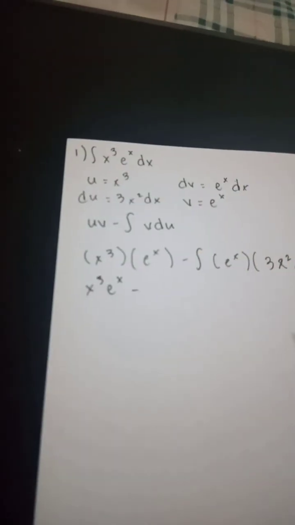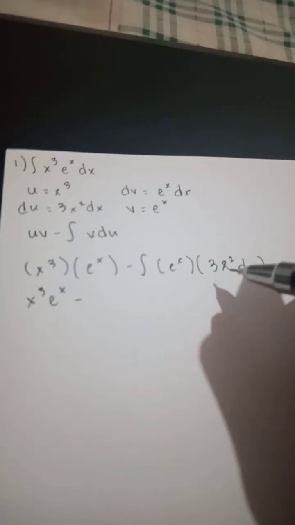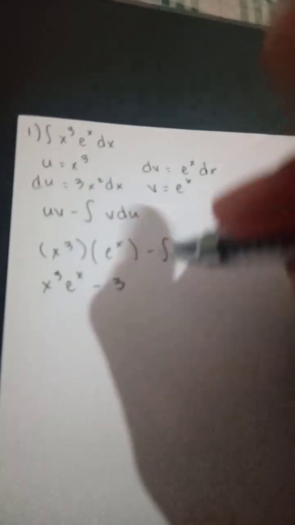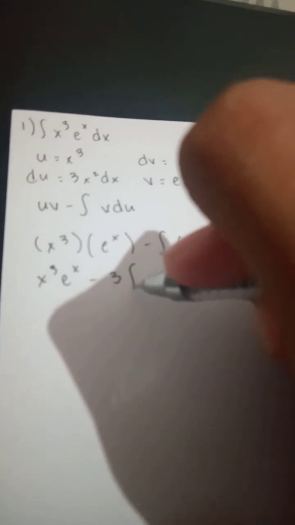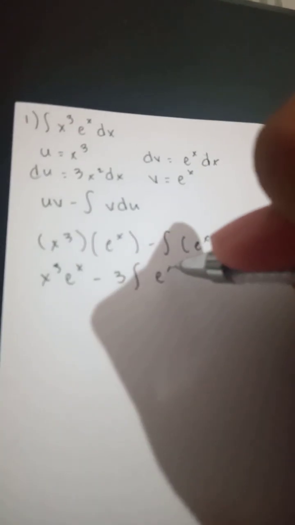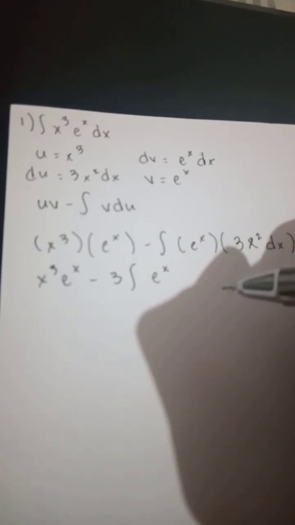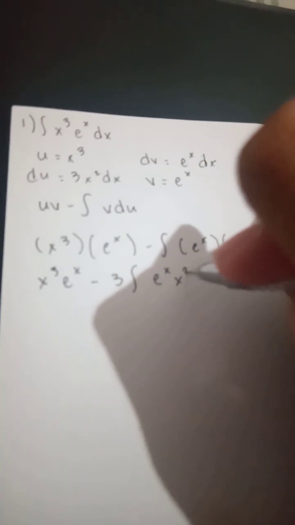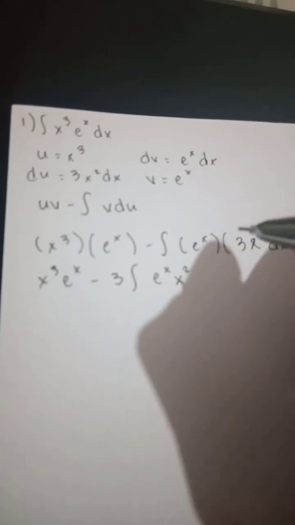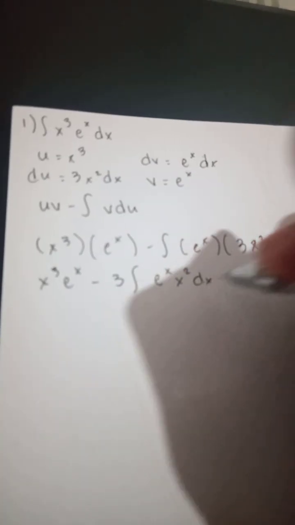So now multiply these two, which will become x cubed e^x minus, then since 3 is constant, we put it out here, and then the integral of e^x x squared dx.